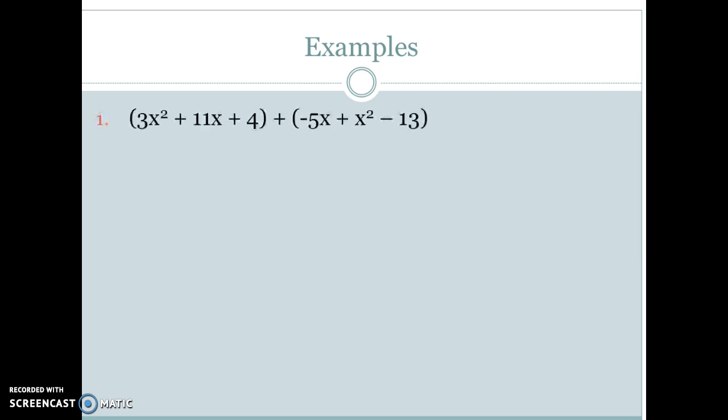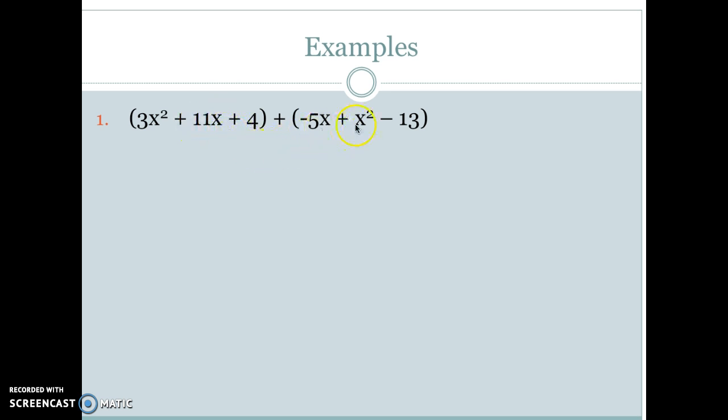We have (3x squared plus 11x plus 4) plus (negative 5x plus x squared minus 13). Since there's no negative sign, since this is addition instead of subtraction, what I tend to like to do is look inside my parentheses to see if there's anything I can combine first.